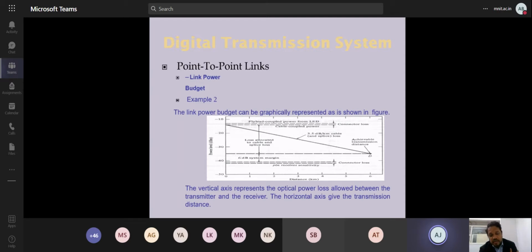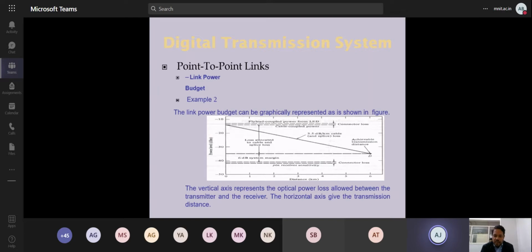This is the graphical representation. The top line indicates how much power was fed from the source, and the lowest line indicates how much power can be sensed by the receiver.